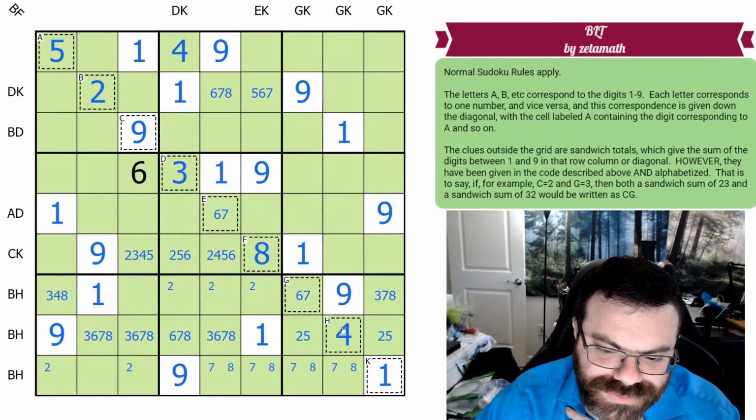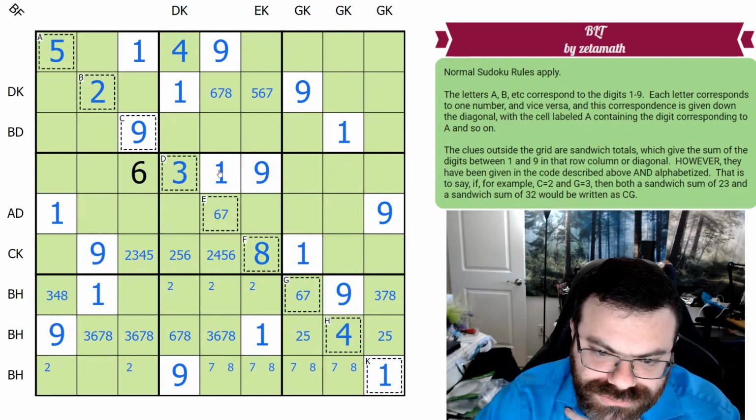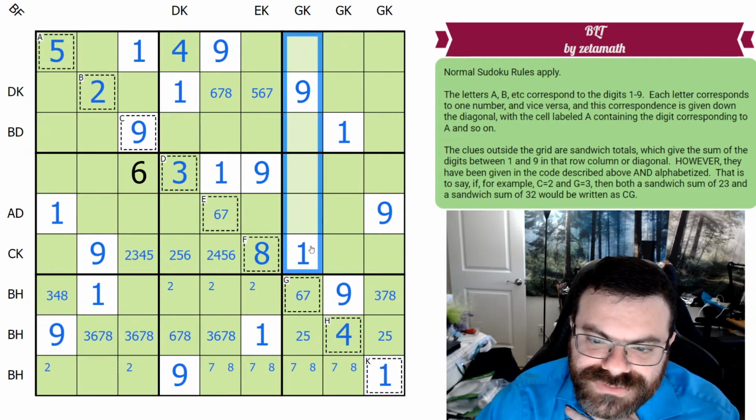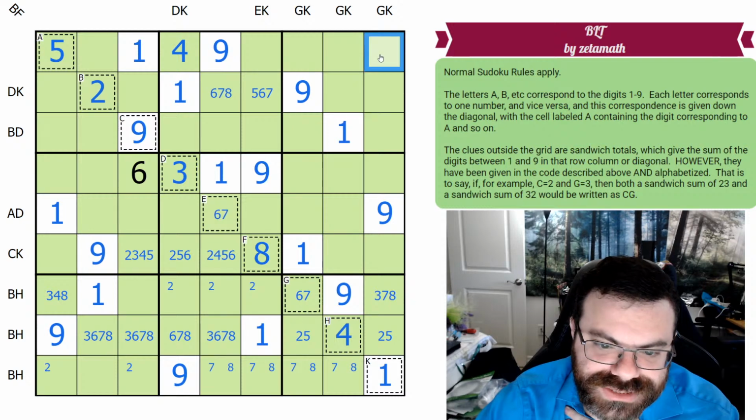This is not proven roped. I don't want to assume that. There must just be clues. We haven't used these clues at all, really. These GKs.